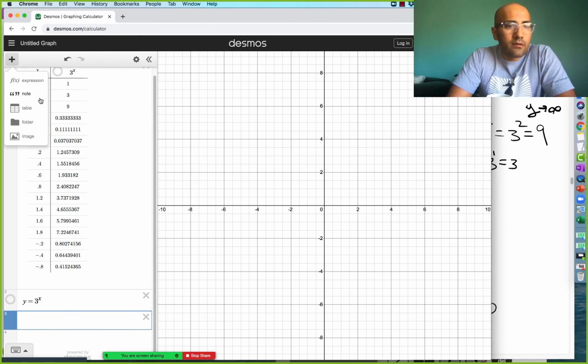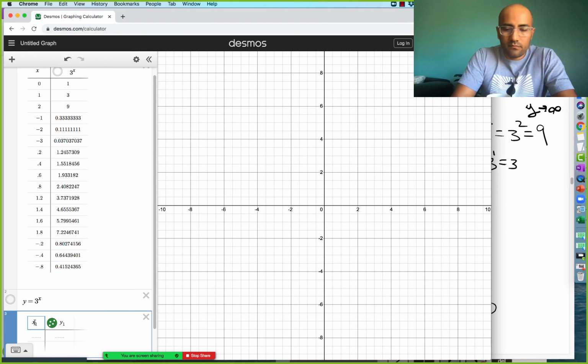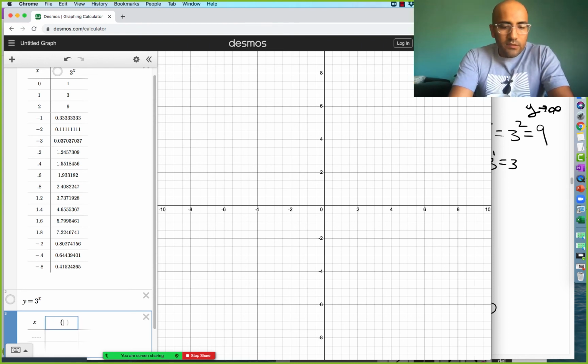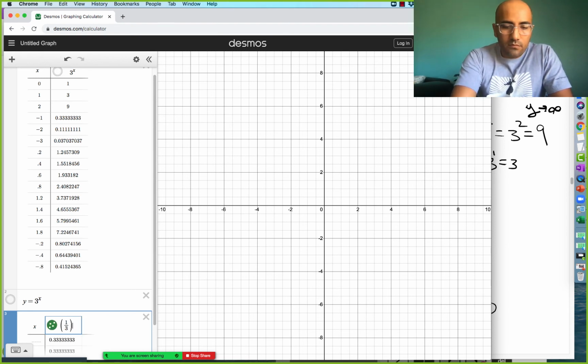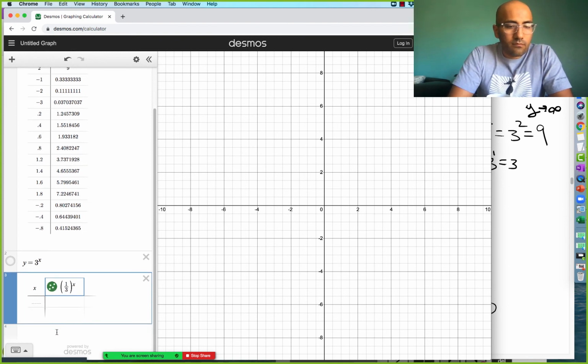Let's go over here. Let's get a table going. X is fine. Parentheses 1 divided by 3 to the power of x. Okay, so 0 still leads to 1.